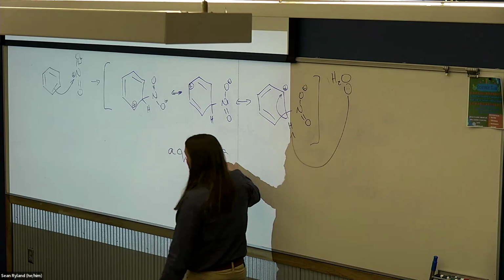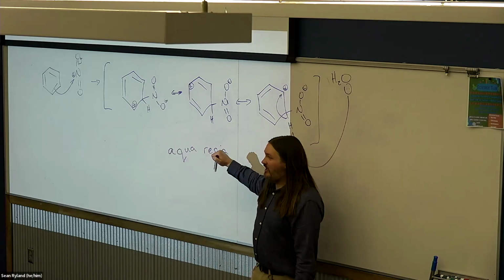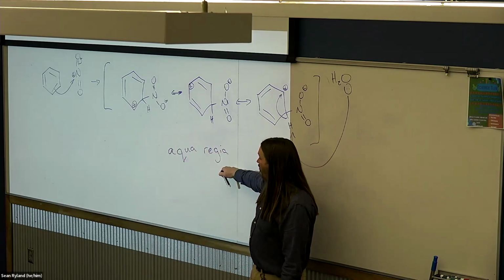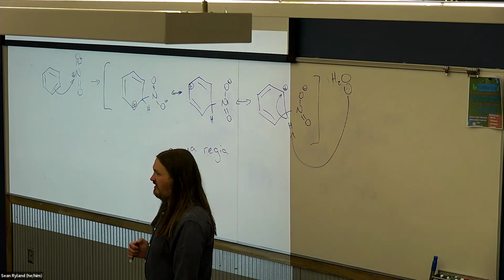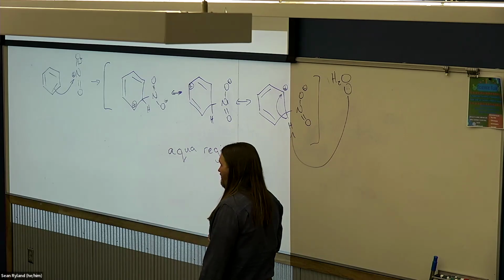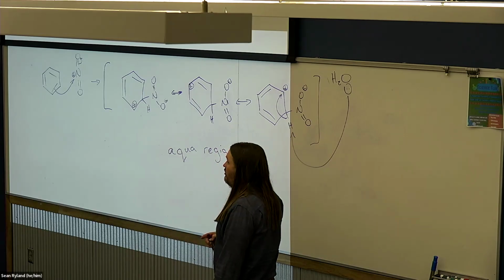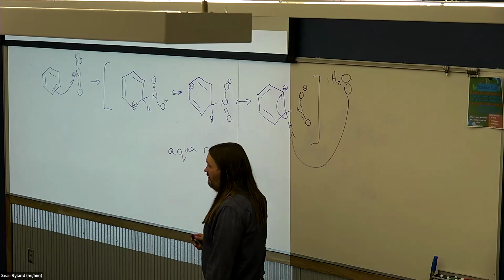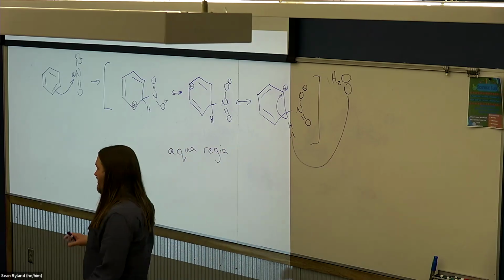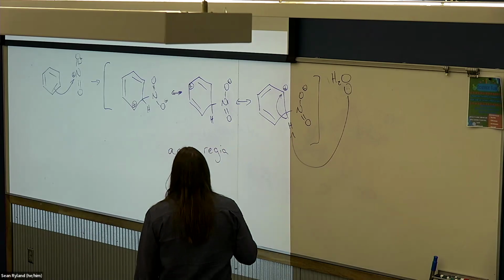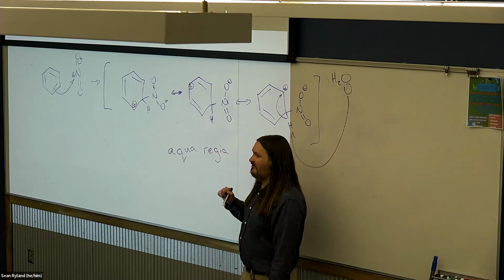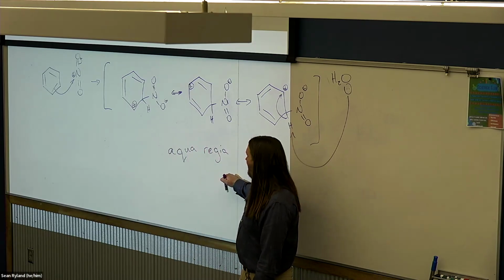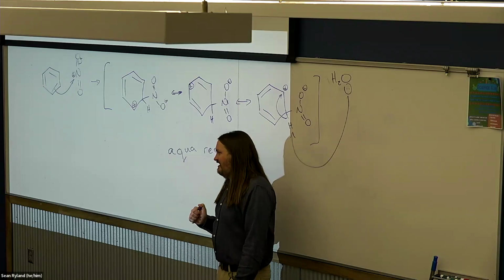Fun story about aqua regia. In World War II, when most of the Nobel Prize winning scientists lived in Europe, the Nazis started invading neighboring countries. There was a Nobel Prize winning chemist, I can't remember who it was off the top of my head, who was living in Denmark.